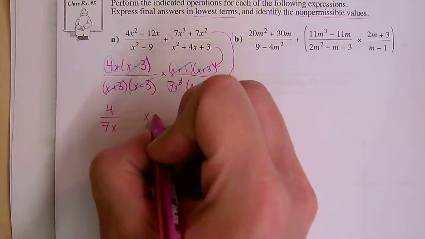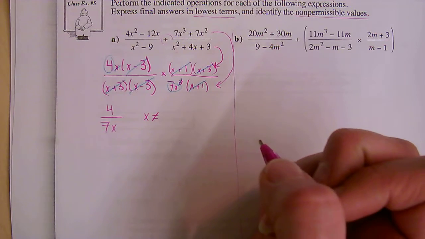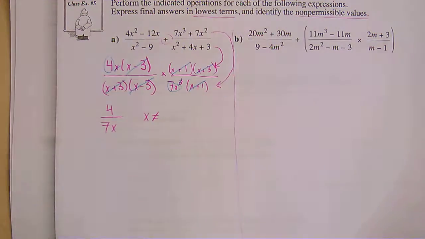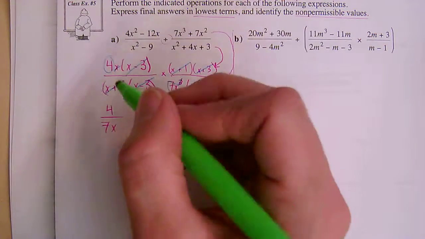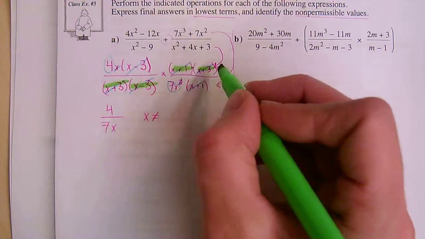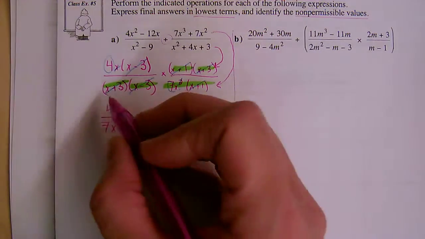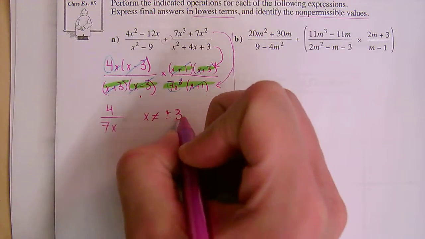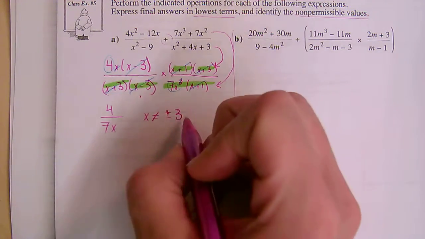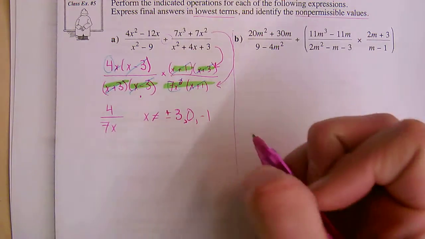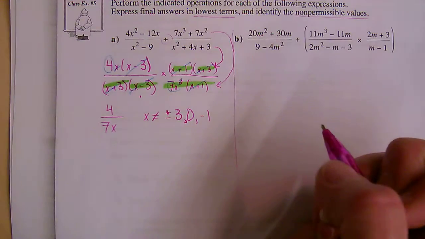Okay. Alright, so now we need to think about what our non-permissible values are. It's going to be all that. So we've got plus or minus 3. We've got 0. We've got negative 1. Okay, there we go.